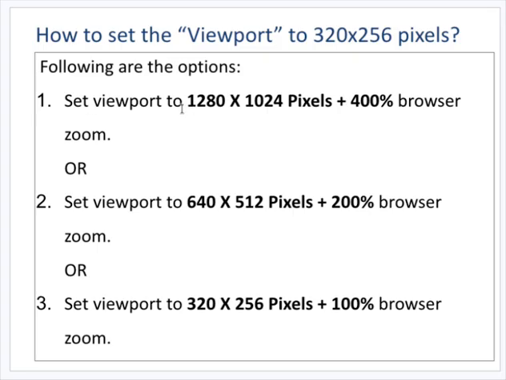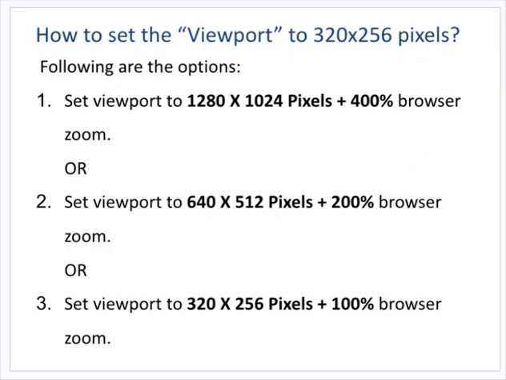First, set the viewport to 1280 by 1024 pixels and zoom in to 400% using browser zoom. Or second, set your viewport to 640 by 512 pixels and then apply 200% browser zoom. Or third, keep the browser at 100% zoom and set your viewport to 320 by 256 pixels. These three options give you the same result as setting your viewport to 320 by 256 pixels.